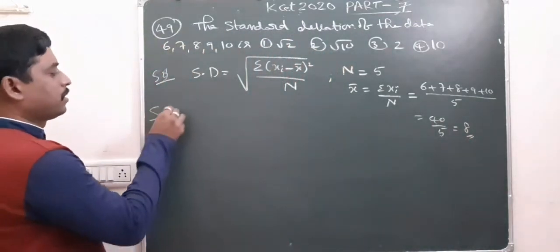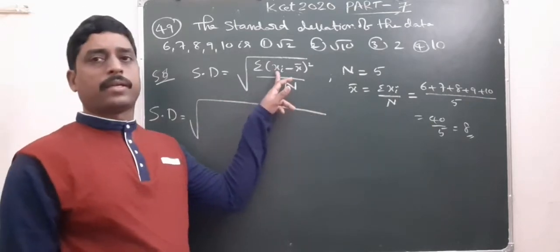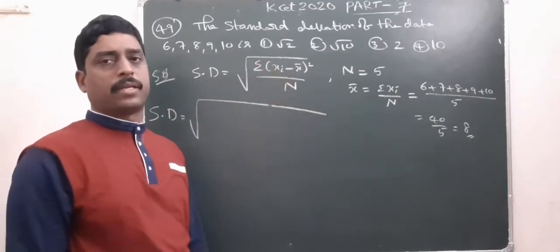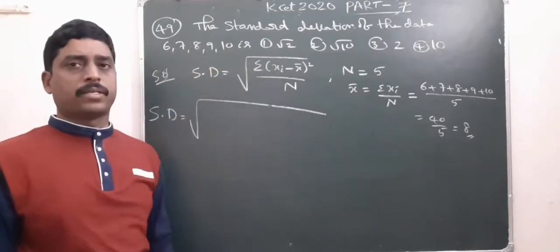Therefore standard deviation is required: under root sigma (xi minus x bar) whole square, where xi are the given observations. In this, how many observations are given? 5 observations are given.